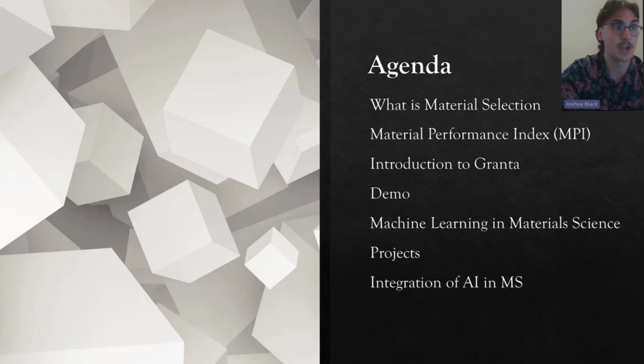I'm sure if you get a job in material selection, you'd also be using this software. We're going to be doing a little bit of a demo using Granta, and I'm going to show you some cool things you can do with it. We're going to be talking a bit about machine learning in material science, just a really brief overview. I'm going to be talking about some projects that I've done in that, and then integrating material science into material selection. And then I'm going to have some time for you guys to ask some questions at the end.